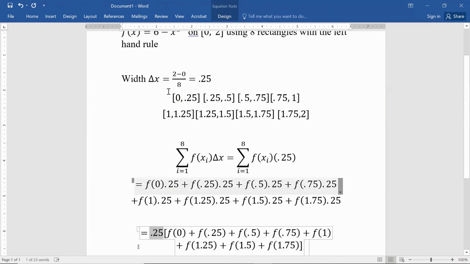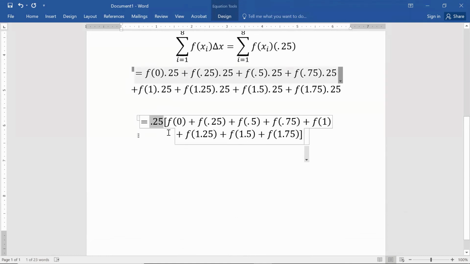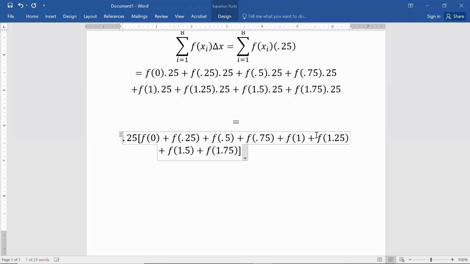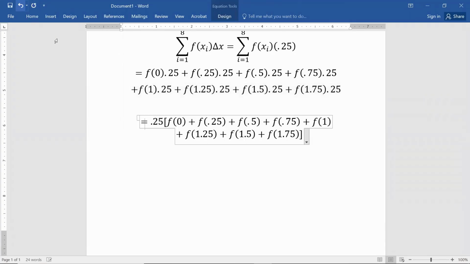I'm going to plug those things into my calculator, in fact, into this function here, 6 minus x squared, and see what happens. So we have 0.25 multiplied times 6, plus 6 is what you get out when you plug in 0.